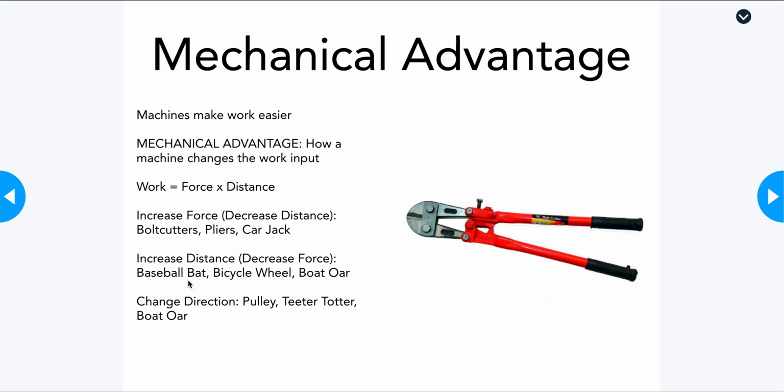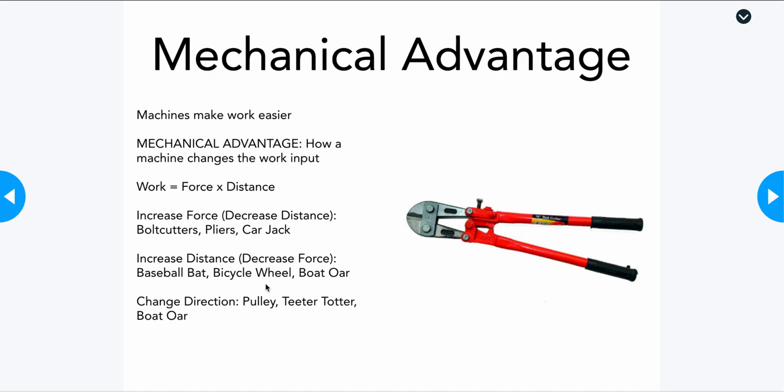And so what that means is that the end of the bat has a mechanical advantage in that it increases the distance, which maybe doesn't quite seem like it, but it is true. That means that the end of the bat also has a decreased force from your original swing. But because you are increasing the distance, that means that you have more distance where you can hit the ball itself.